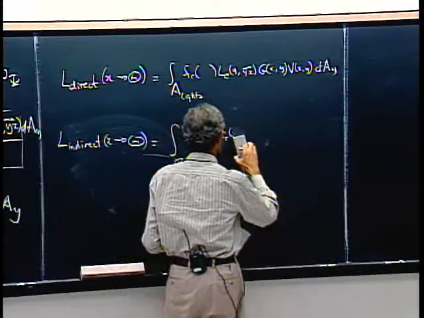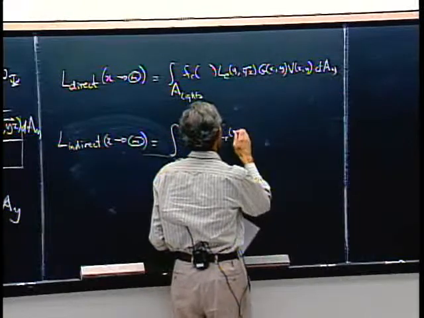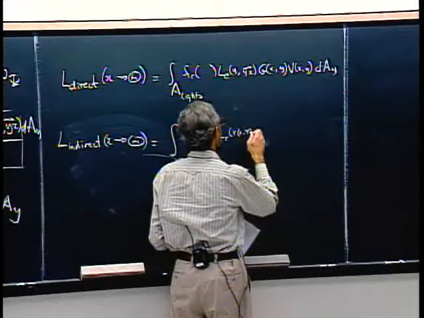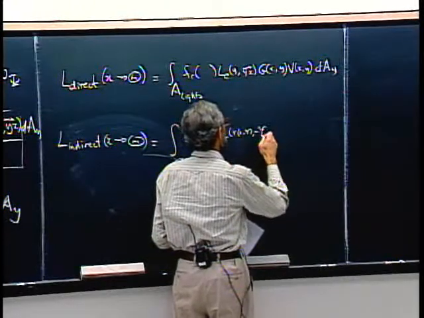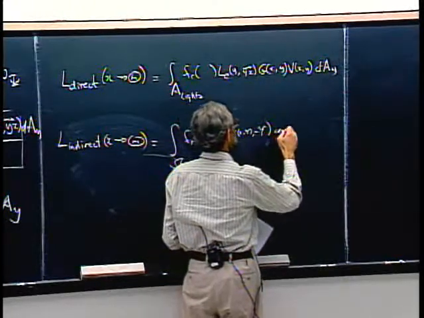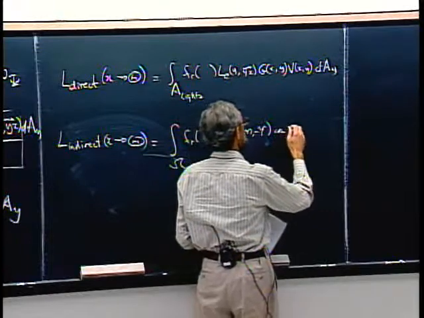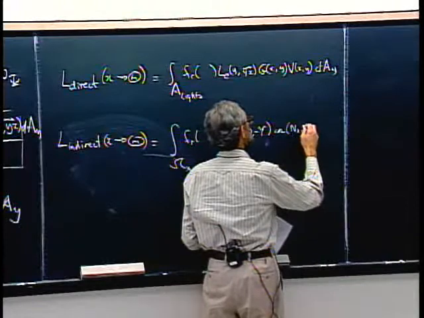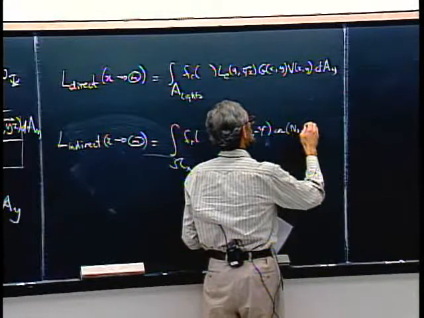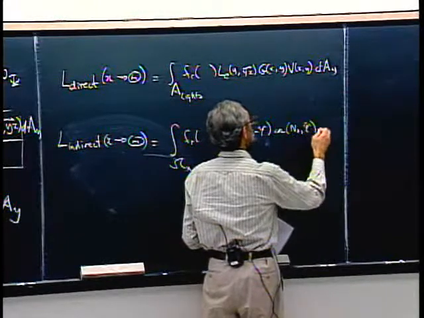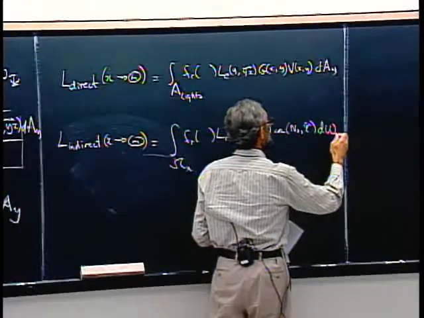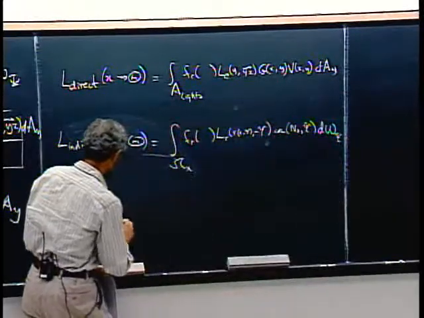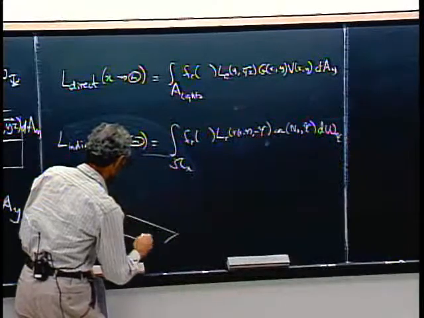It was at the point f_r(X, psi, minus psi), cosine, n_x dot psi, d omega psi.